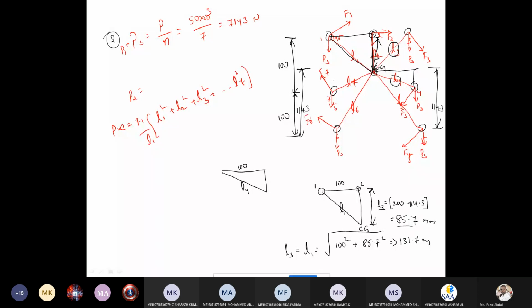Now here to here is 100 mm. So 114.3 minus 100 will give 14.3, the length of this side. Now as per Pythagoras theorem, what is L4? 100 square plus 14.3 square, 101.01. Very good.